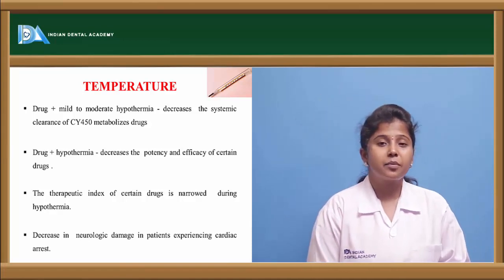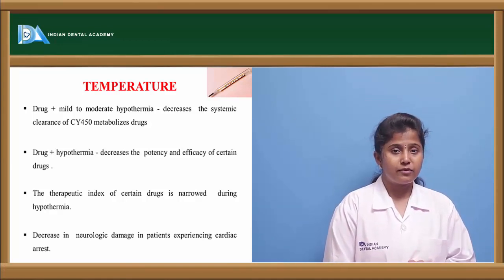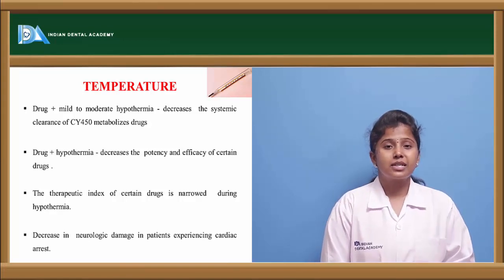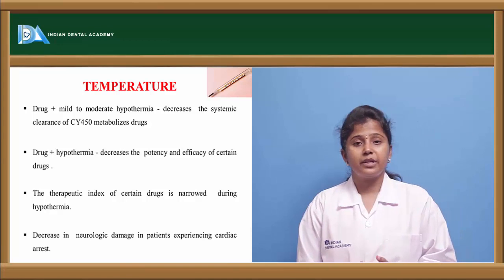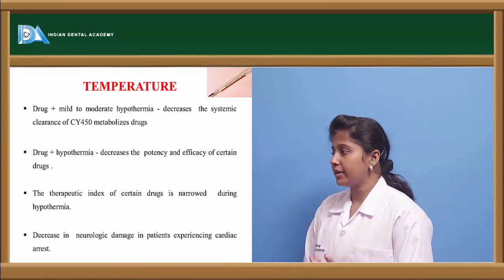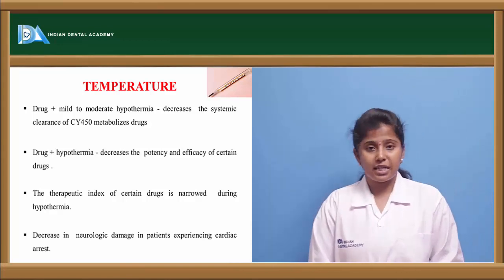Cytochrome P450 is an important protein which aids in the metabolism of drugs. So the metabolic rate can be decreased if the temperature is mild to moderate, and if the temperature is high and the drugs are taken, that may lead to a decrease in the potency and efficacy of the drug.